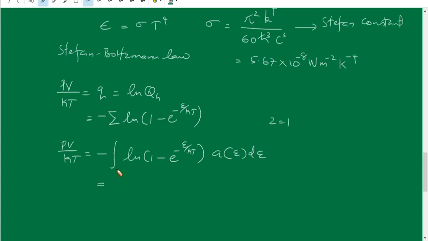So this is equal to minus integral of log(1 minus e raised to minus e by kT) A of e dE. What is A of e?